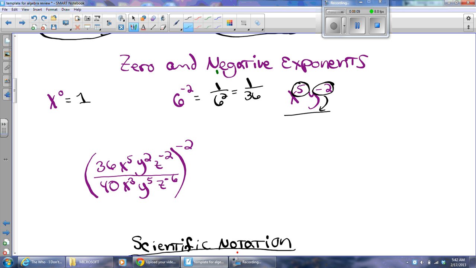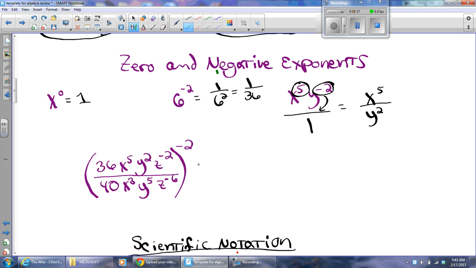So if I build a set of stairs, I can leave the x to the 5th in the numerator and the y to the 2nd in the denominator. Remember, a negative exponent means use the reciprocal. What happens is the variable or the constant changes from the numerator to denominator or from denominator to numerator, and then the sign changes as it moves down there.